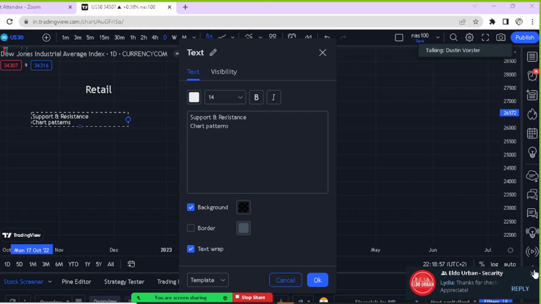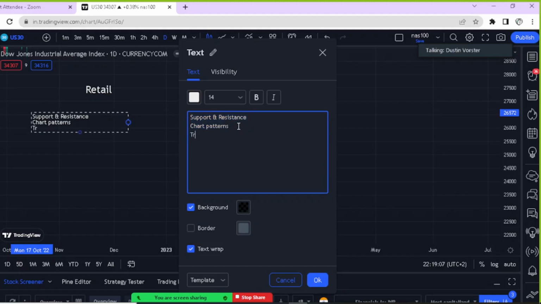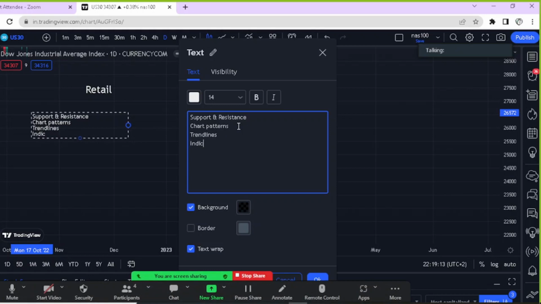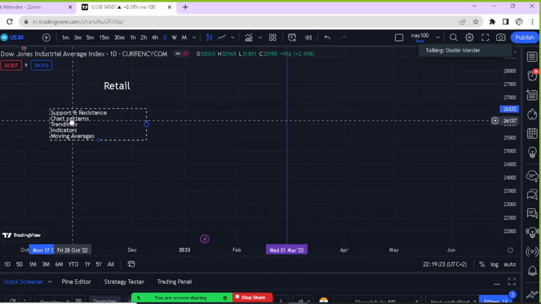I'm just going to close my Telegram so that my things don't pop up. Okay, chart patterns, support and resistance. We do trend lines. Indicators, moving averages, etc. I won't get too much into it.